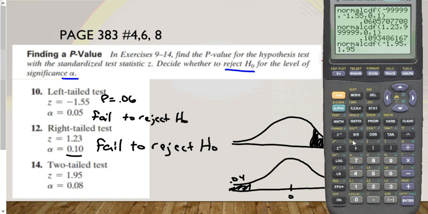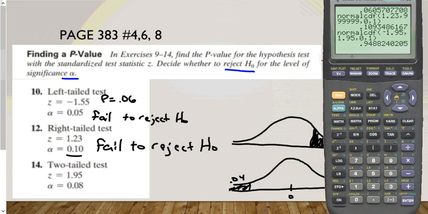Then we'll still use the mu of 0, standard deviation 1. What this tells us is that from negative 1.95 to positive 1.95 is about 95% of the data.